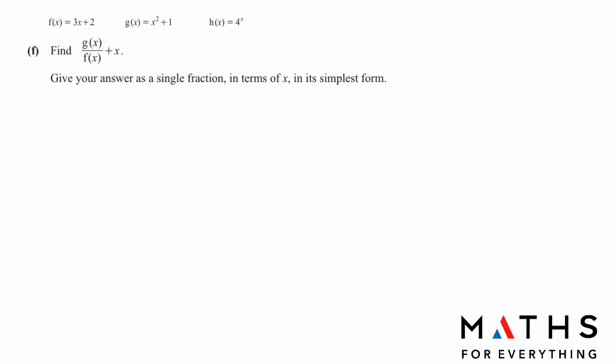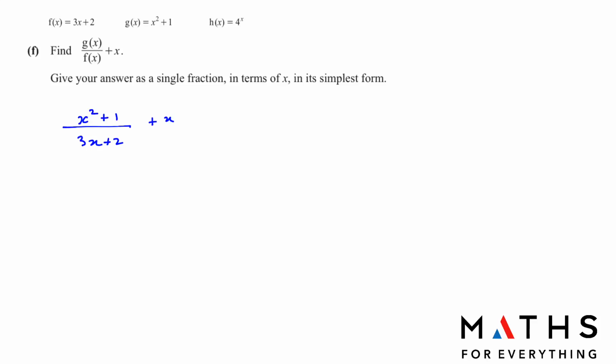The next part is find g of x over f of x plus x. G of x is x squared plus 1 and f of x is 3x plus 2, plus x. As you can see, this is an algebraic fraction. Whether it is an algebraic fraction or normal fraction, when you add or subtract, you follow certain rules. One of them is that you need to have a common denominator.